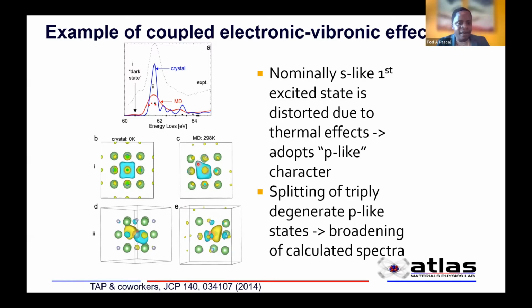And so they gain a little bit of what we call P character. They're no longer a symmetric state. Because of this asymmetry, the overlap between the lithium 1s orbital and this new hybrid SP state gets some amount of overlap, and then this dark state effectively lights up. And so we get a spectral signature that comes from this hybridization.